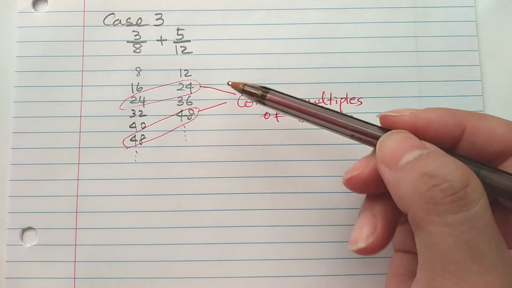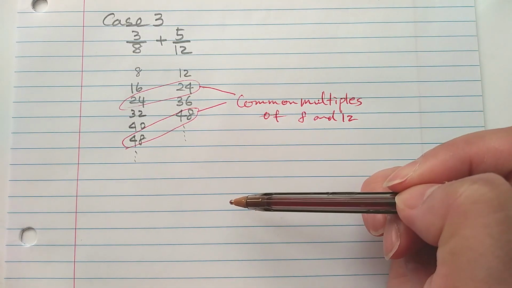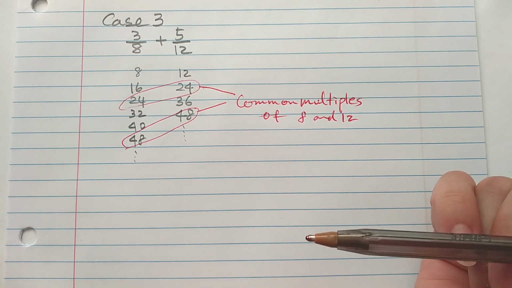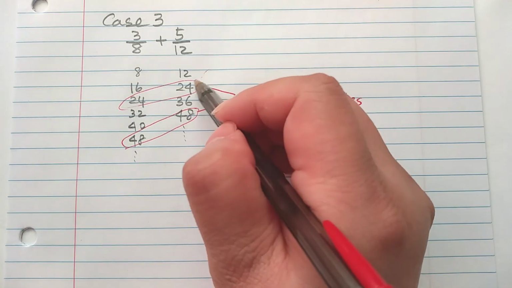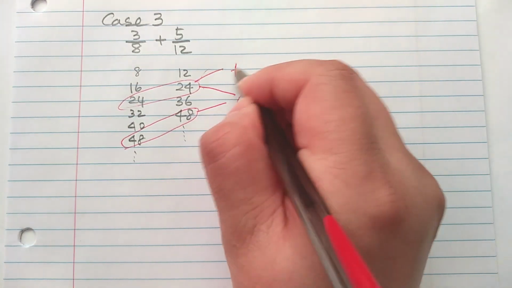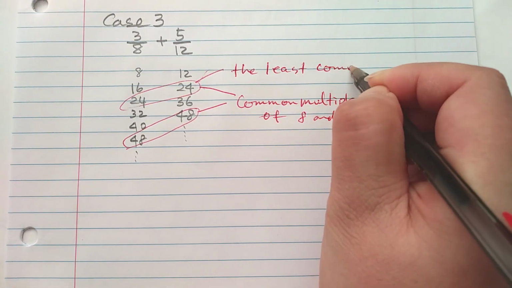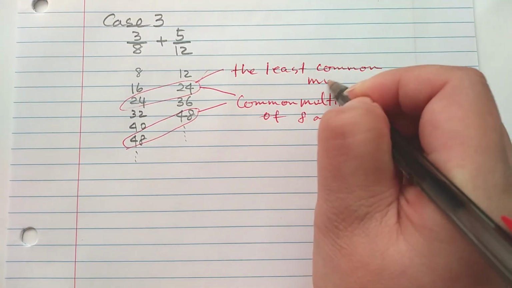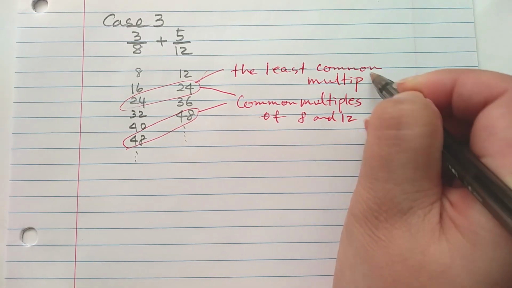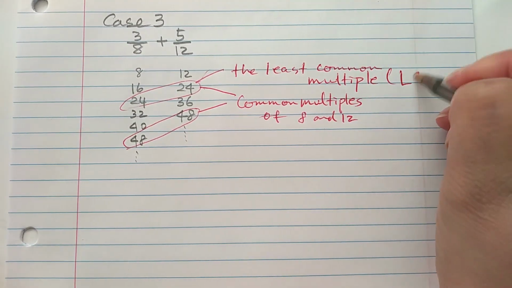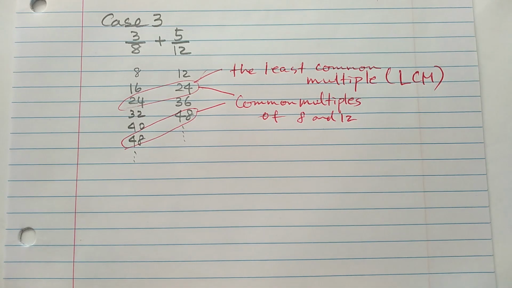Among the infinite number of common multiples of 8 and 12, the smallest common multiple, we call it the least common multiple, LCM in short.